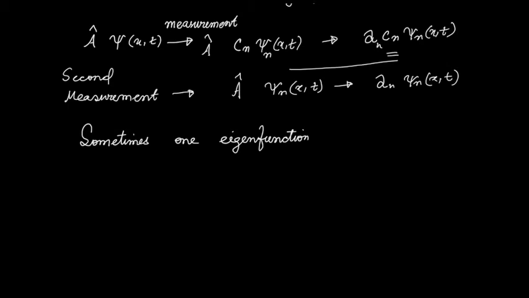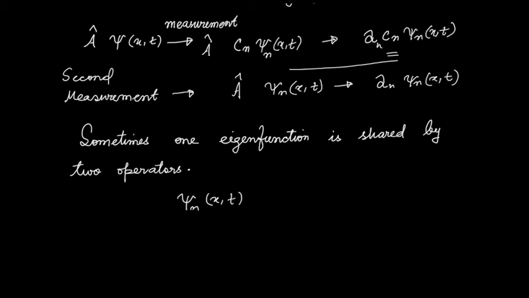Sometimes one eigenfunction is shared by two or more operators. Say there is one eigenfunction psi_n. This basically means that A cap on psi_n gives me a_n and then psi_n back. Remember that if this is an eigenfunction of that operator, it should spit out a number and then give back the function again. If it doesn't do it, then it's not an eigenfunction.